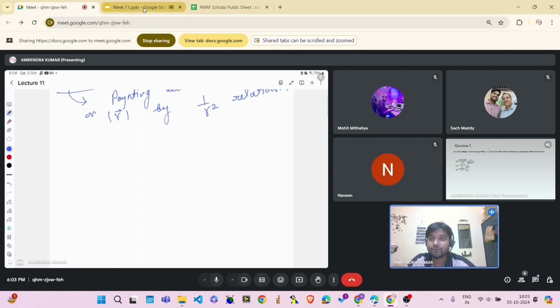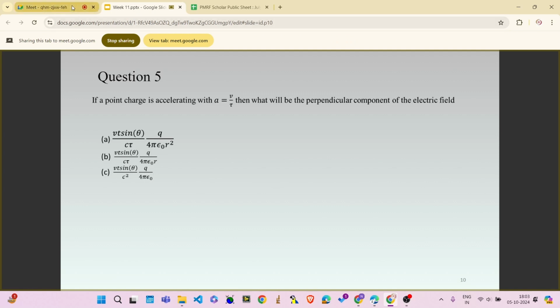Now let's go to our slide. This question number 5, where it was asked if a point charge is accelerating with a equal to b by tau, then what will be the perpendicular component of the electric field? So it will be Bt sine theta.